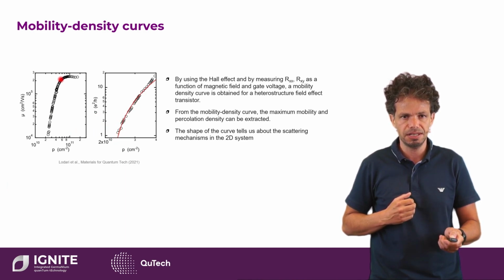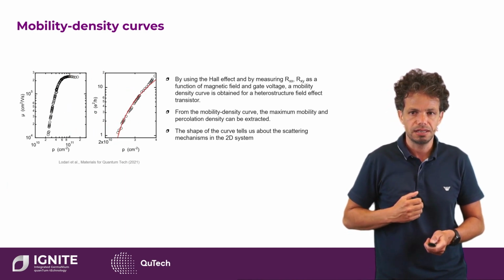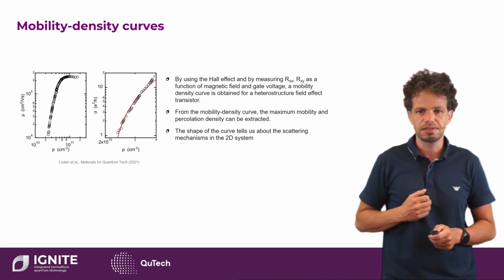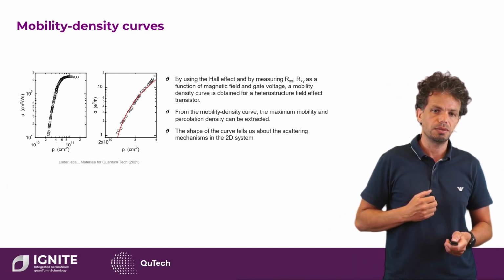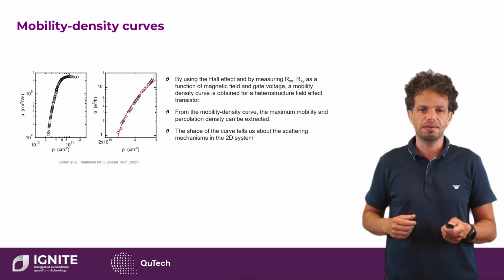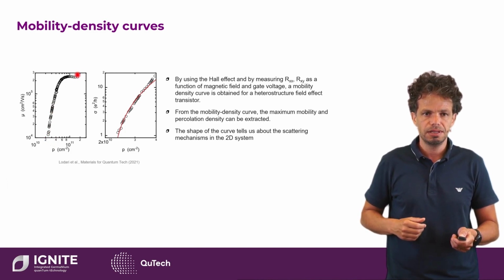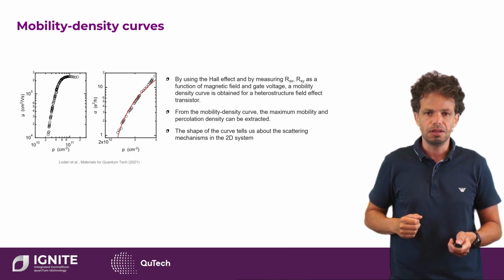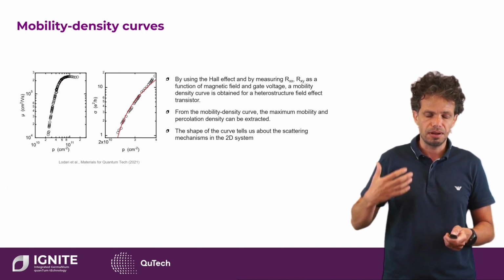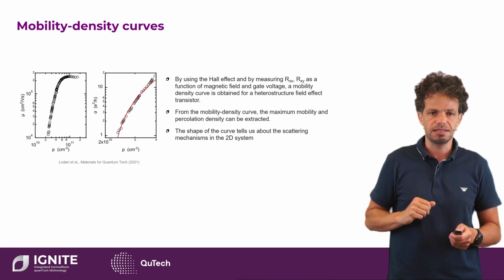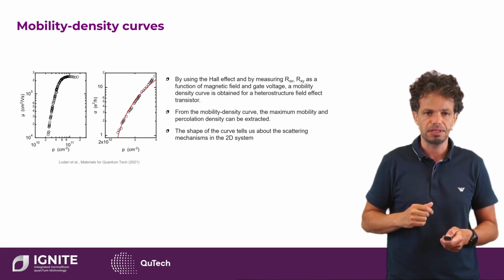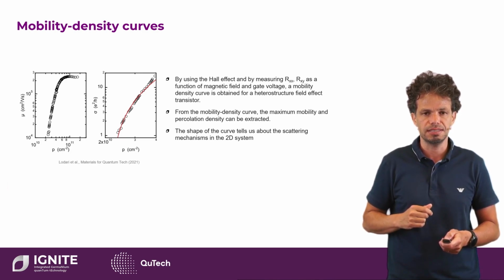You get this information by simply measuring mobility density curves. Also, you can do a more elaborate analysis of these curves by looking at the shape, and usually this follows a power law, and from the exponent of this power law, you will learn a bit more about the scattering mechanisms that are limiting transport in these two-dimensional systems.